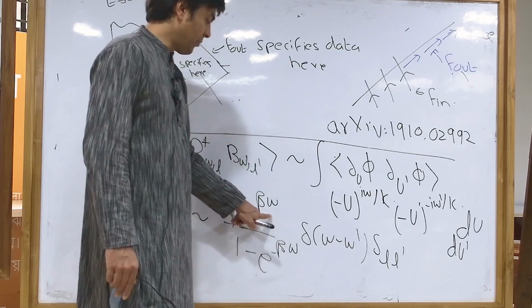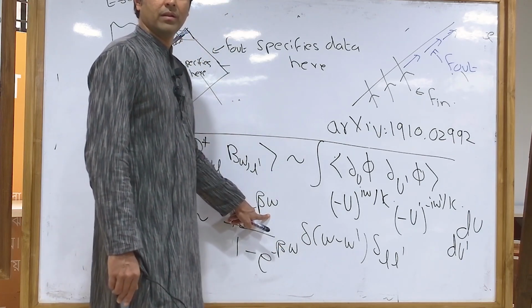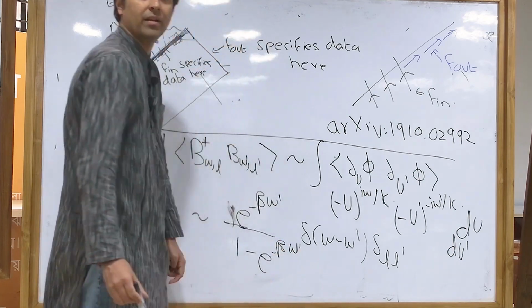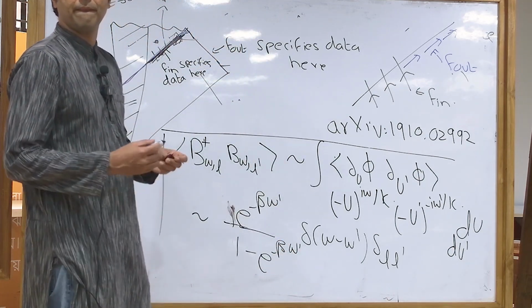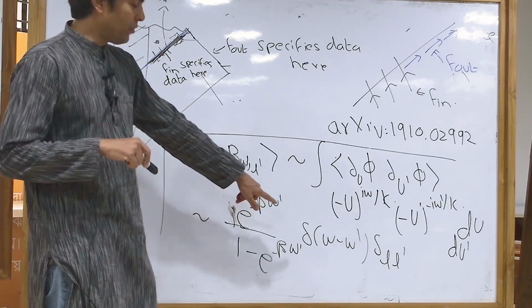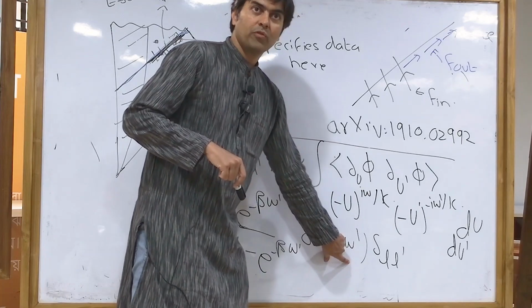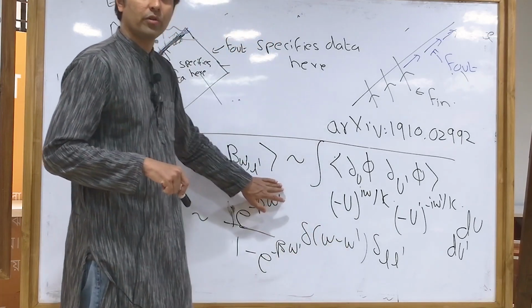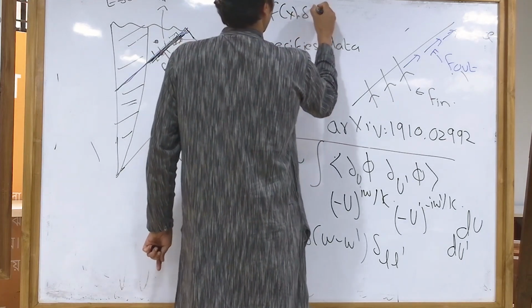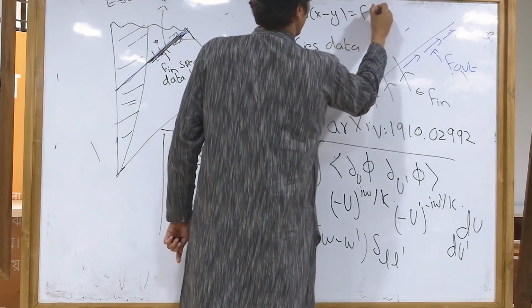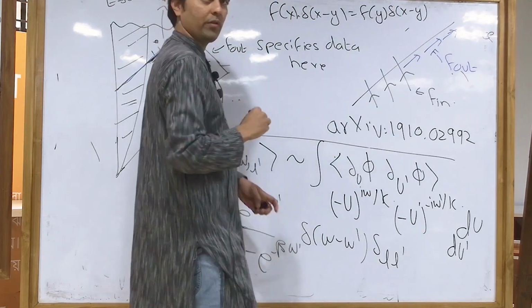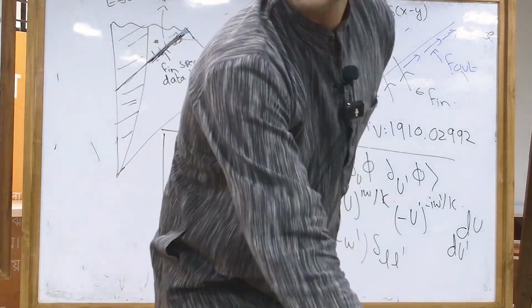So I can write a function of omega and omega prime. How does it matter? It's the same. Omega is equal to omega prime, so a function of omega is the same as a function of omega prime. Right? All I'm saying is this. That's all that's happening, yeah? Okay.